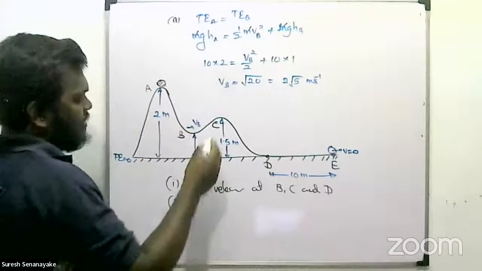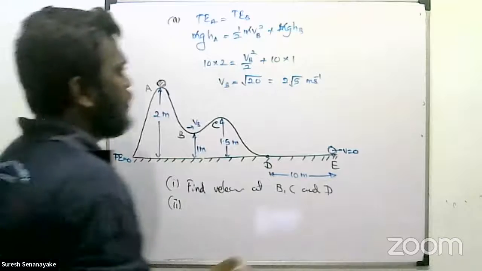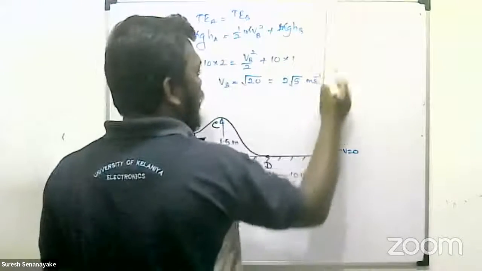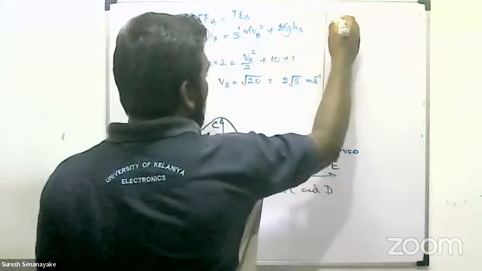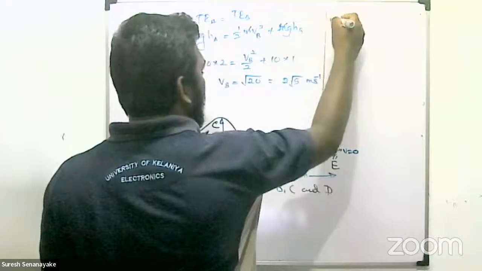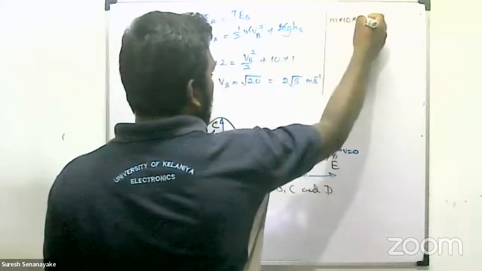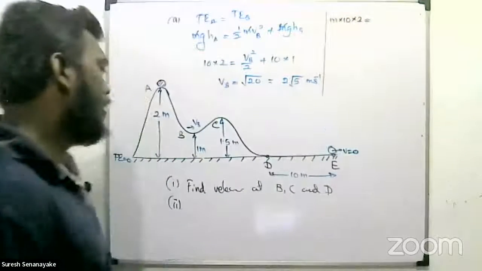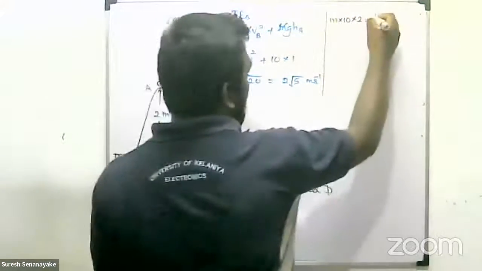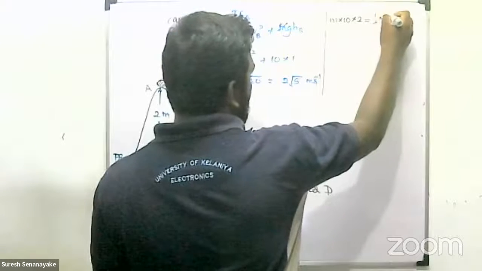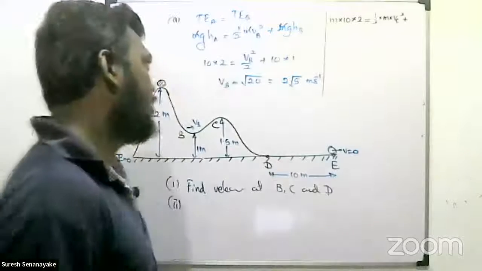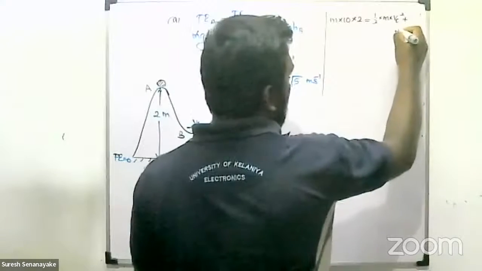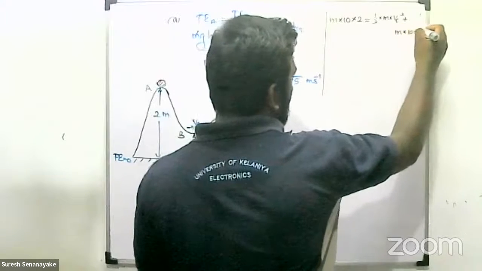And velocity at C, the same thing you need to do. At A, the potential energy is mgh, I'll substitute mg into 2 now. That's equal to the kinetic energy at C, half mass into v_C squared, plus the potential energy at C, that is mg into 1.5.